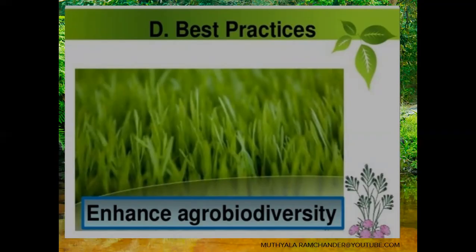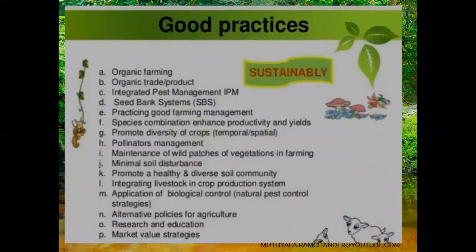The enhancement or conservation of agrobiodiversity is mainly done by good practices like organic farming, organic trade products, integrated pest management, seed bank systems, practicing good farming management, species combination, enhancing productivity and yields, promoting diversity of crops, pollinator management, maintenance of wild patches of vegetation in farming, minimal soil disturbance, promoting a healthy, diverse soil community, integrated livestock in crop production systems, application of biological controls by natural pest control management, alternative policies for agriculture, research and education, market value and these strategies.